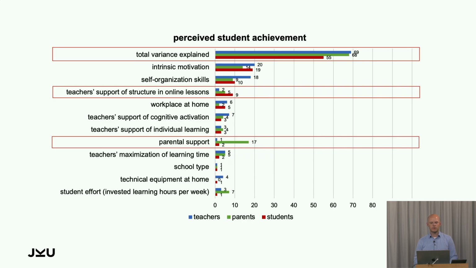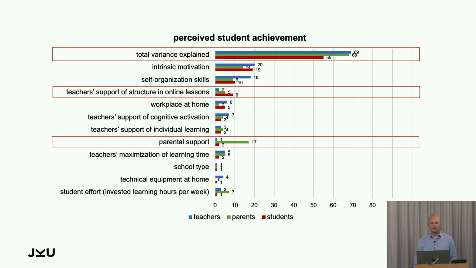Each of the bars represents a different group, so you can see the differences. We can see, for instance, that using teachers' and parents' data, we can explain about 70% of student achievement. In contrast, when using student data, we can only explain about 50%.